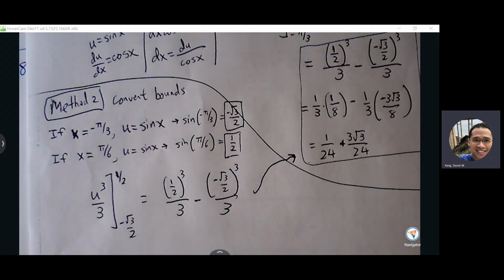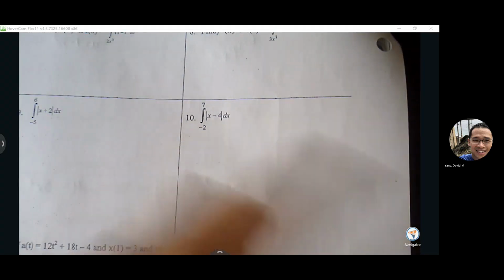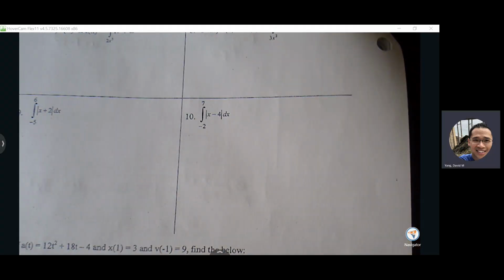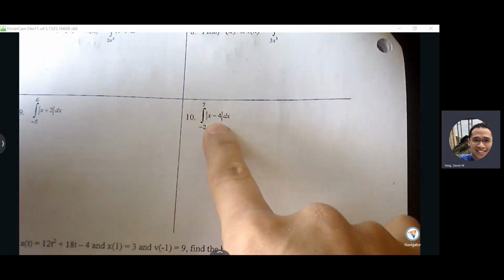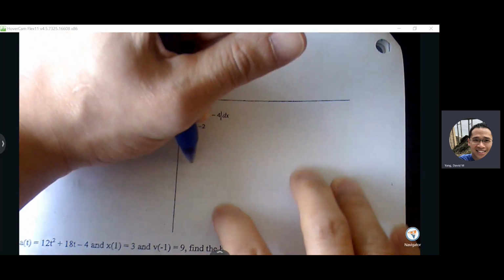Guys, let me squeeze in number 10 here. This is drawing the graph and figuring out where the two triangles are, the dimensions of the two triangles, and adding up the two triangles. Okay, so absolute value of x minus 4. Where's that vertex going to be located?